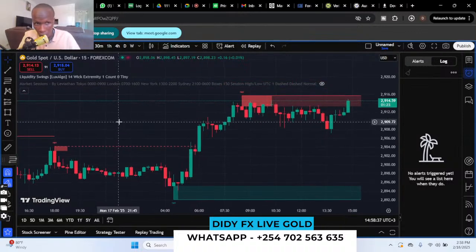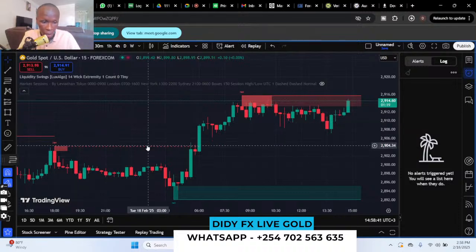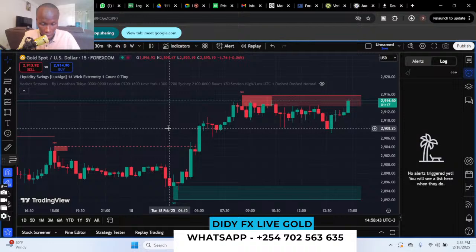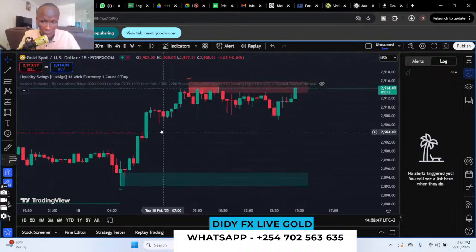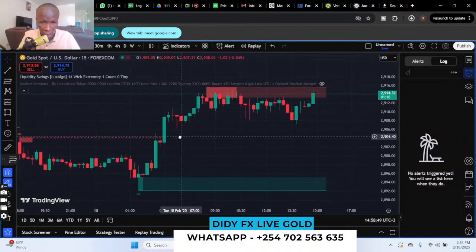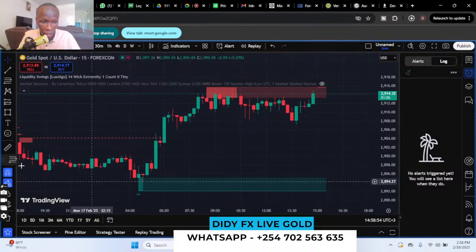My strategy is based on support and resistance. For instance, to identify the support area: support areas are these areas where the market came and retested several times.